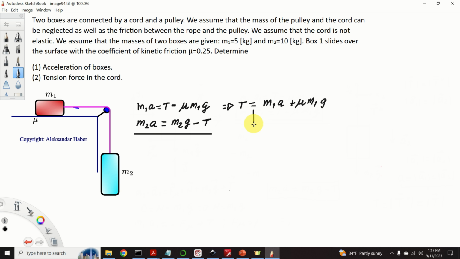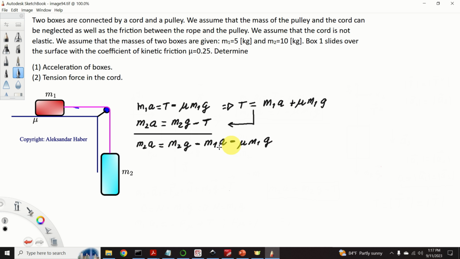And then we can substitute this expression in this equation. As the result, we obtain m2a is equal to m2g minus m1a minus mu m1g.